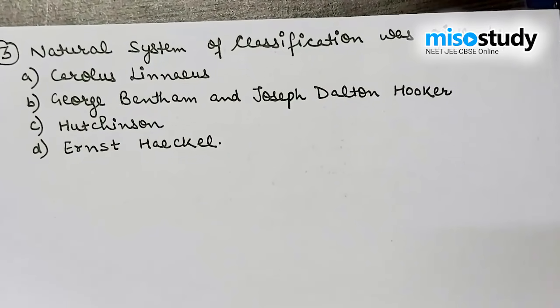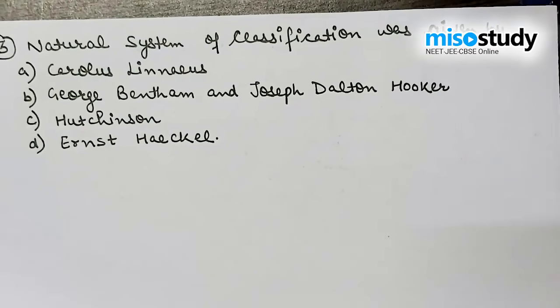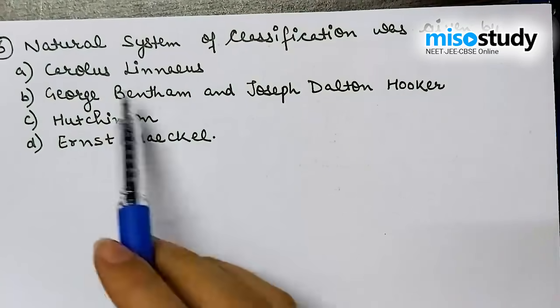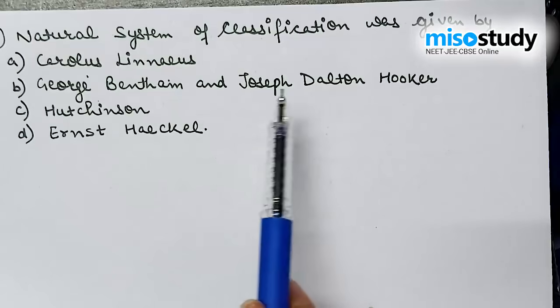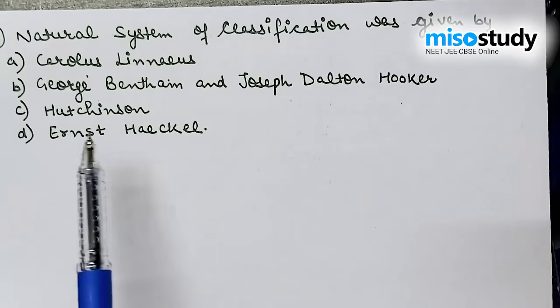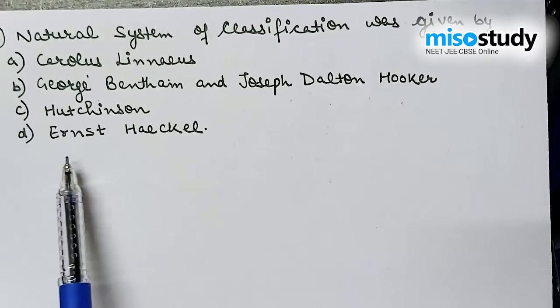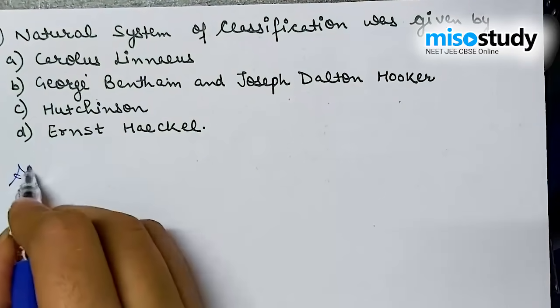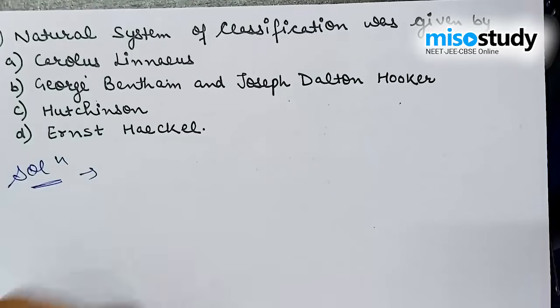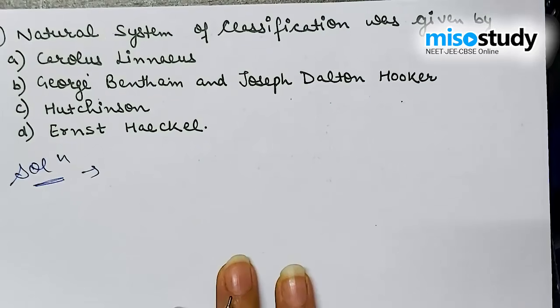Natural system of classification was given by: option A is Carl Linnaeus, B is George Bentham and Joseph Dalton Hooker, C is Hutchinson, and D is Ernest Haeckel. To better discuss the concept, we just discussed this question.